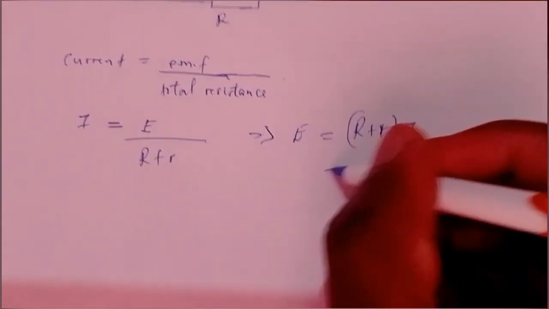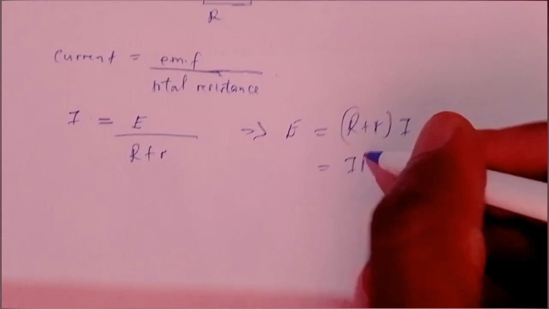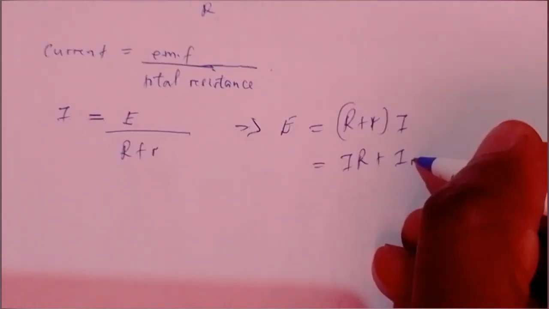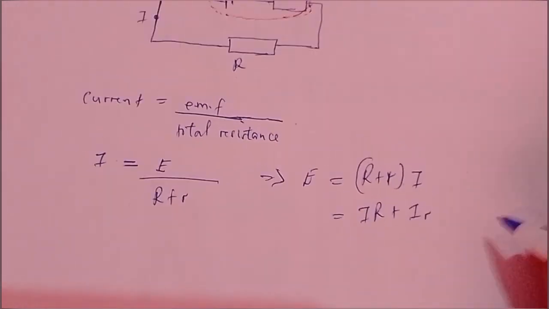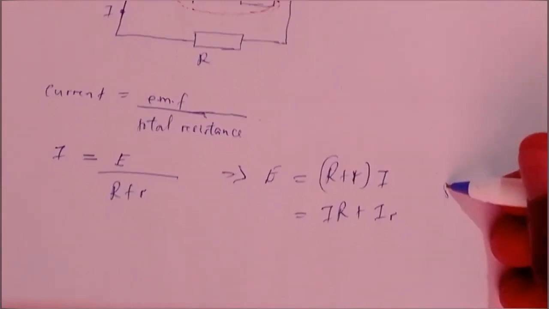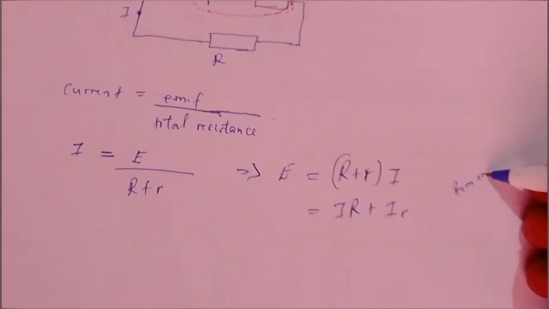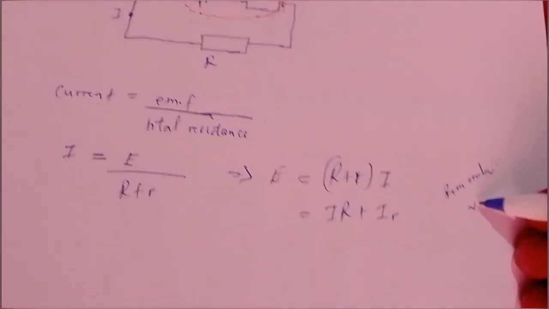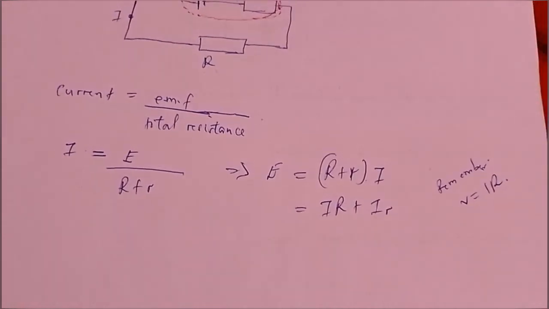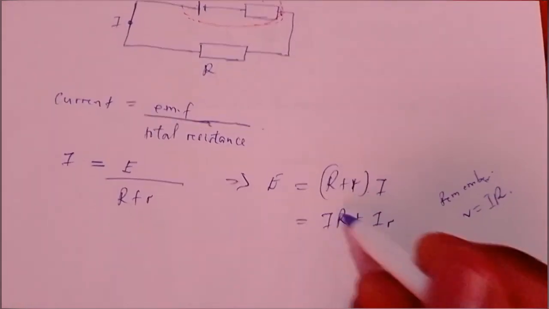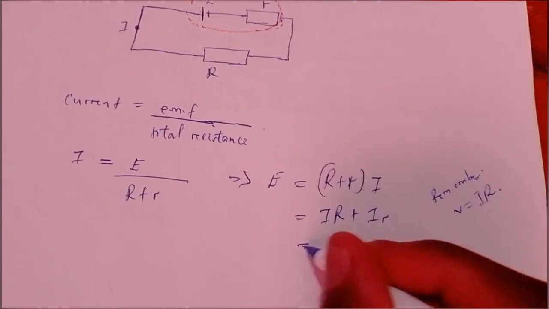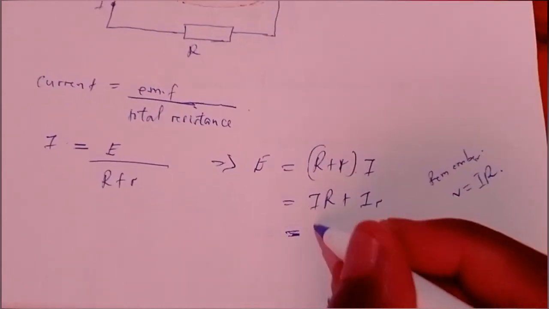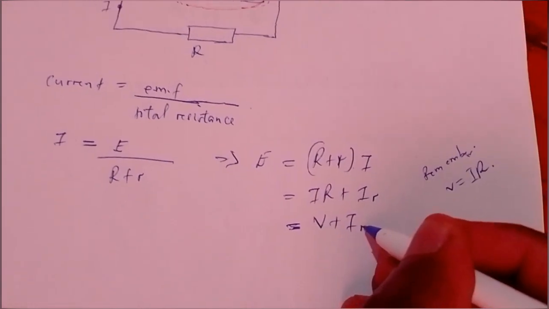To open the brackets, we get IR plus Ir. But remember Ohm's law, that V is equal to IR. So this IR we can replace or substitute V here, and you have V plus Ir.